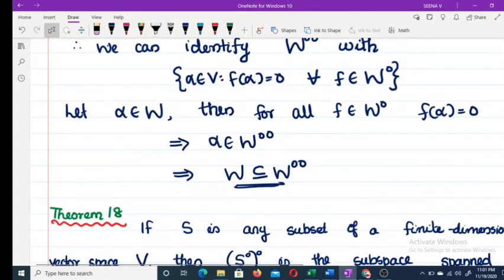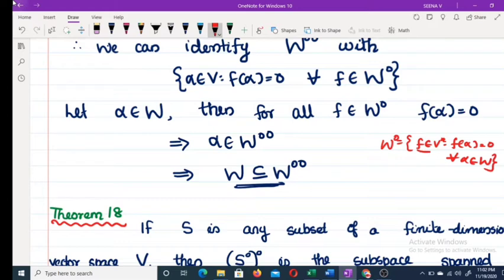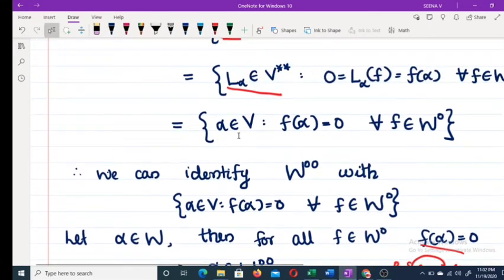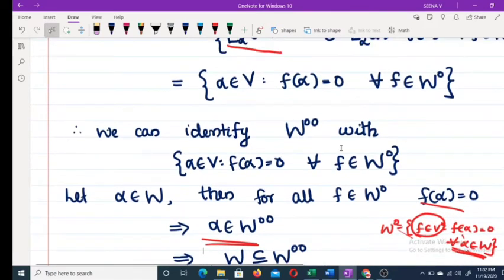Then for all f belongs to W naught, f of alpha equal to 0, because we are considering W naught as the set of all f belongs to V star such that f of alpha equal to 0 for every alpha belongs to W. So if you take one member from this set, then for that f, f of alpha equal to 0 for every alpha belongs to W. Therefore, alpha belongs to W double naught, because the definition of W double naught is the set of all alpha belongs to V such that f of alpha equal to 0 for every f belongs to W naught.